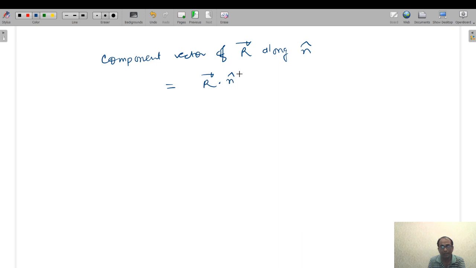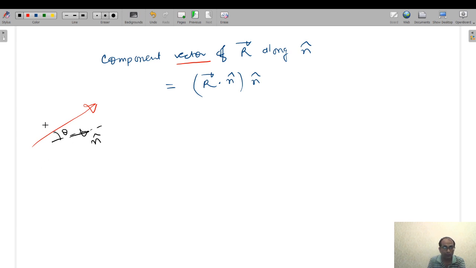So this was the magnitude of the component and this is your direction. So this becomes a vector now. So if you are given a vector r and this was some direction, some unit vector along this n cap such that there was angle theta between them, fine.